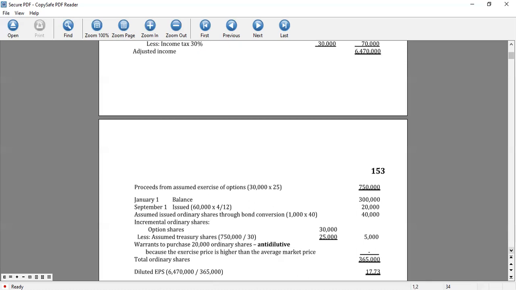The total ordinary shares, the initial of 300,000. Then we have from the September 1 purchase or issuance of 20,000. Then the assumed ordinary shares through bond conversion, 40,000.